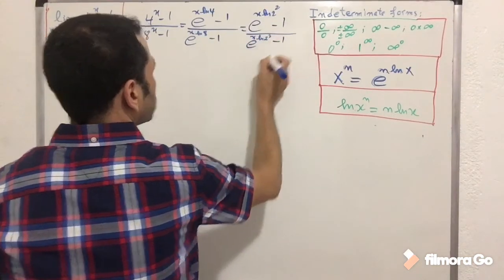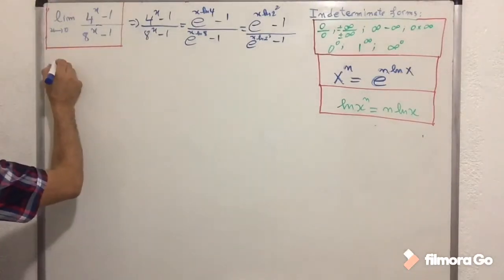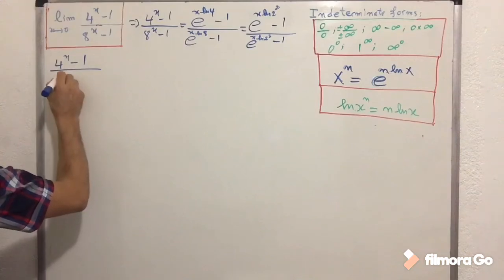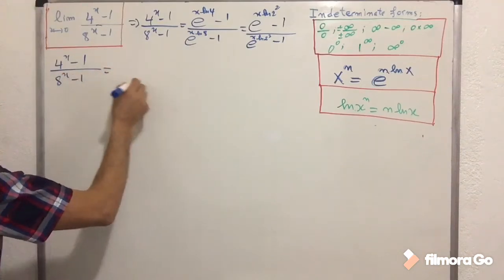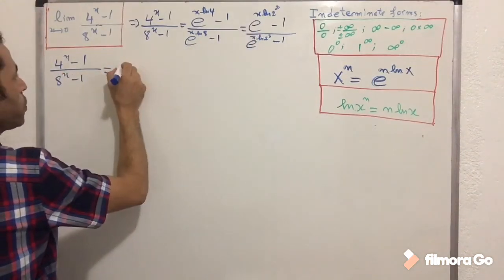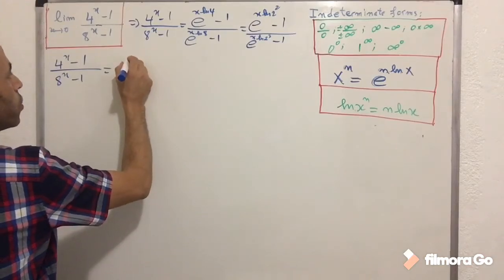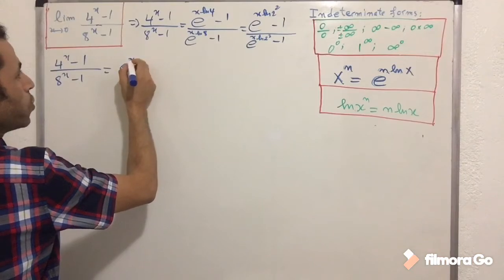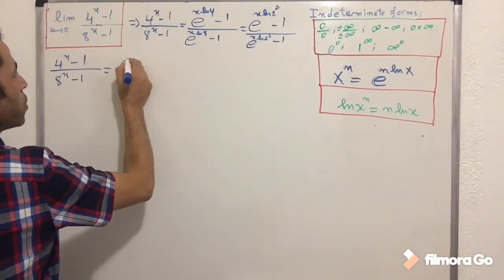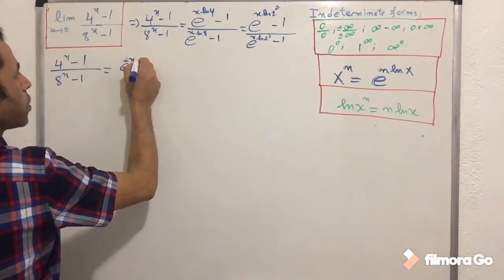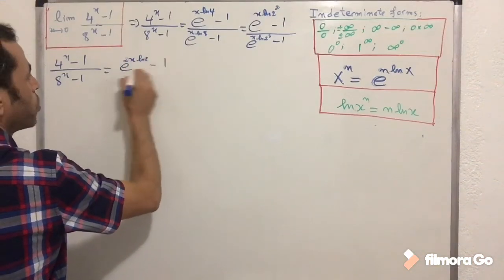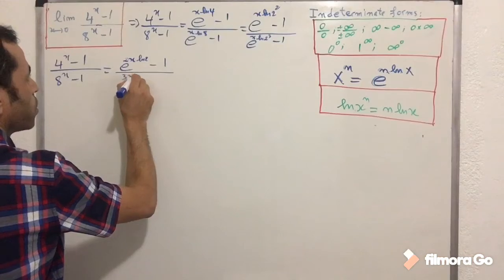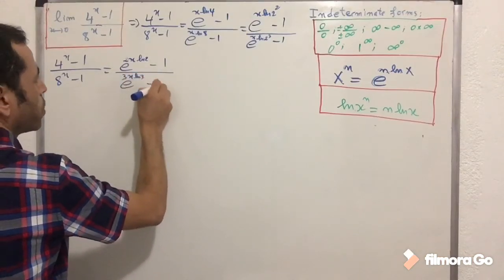Now we can take the powers outside: exponential of 2x natural log of 2 minus 1 over exponential of 3 times x natural log of 3 minus 1.